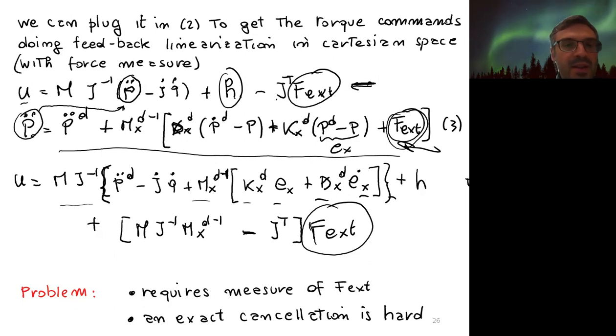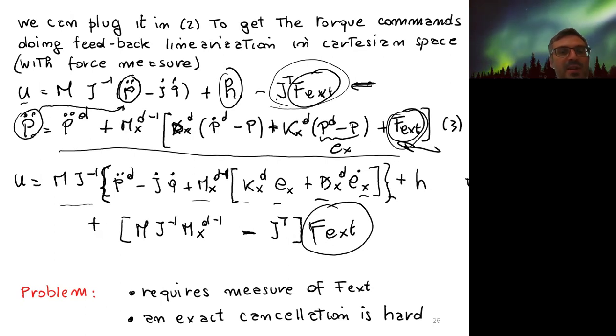And it is difficult in general to achieve a perfect cancellation of this with the effects that we measure with the real effects, because you have sensor biases and offsets in the six-axis force sensor.